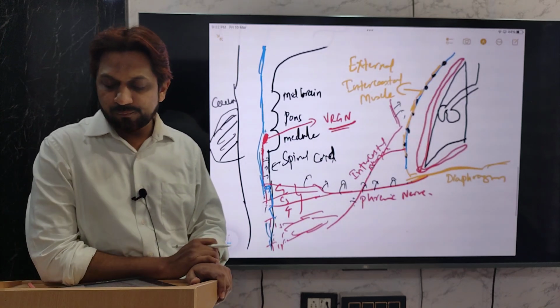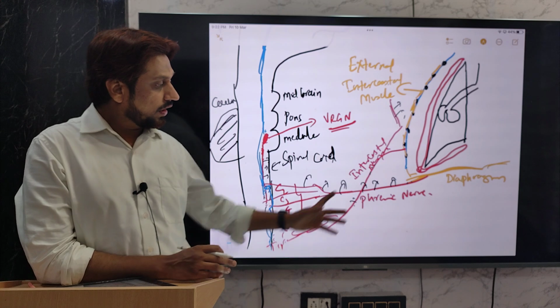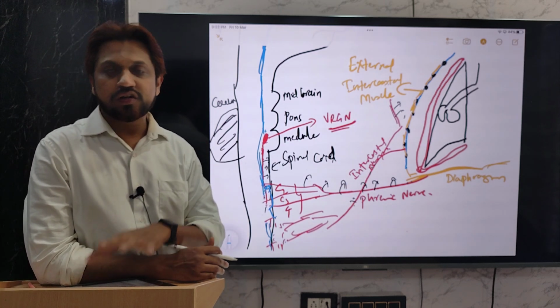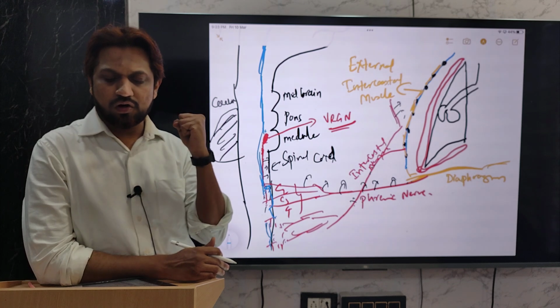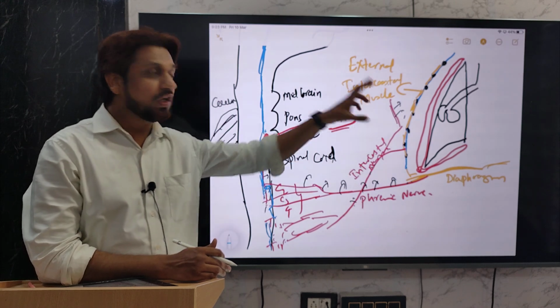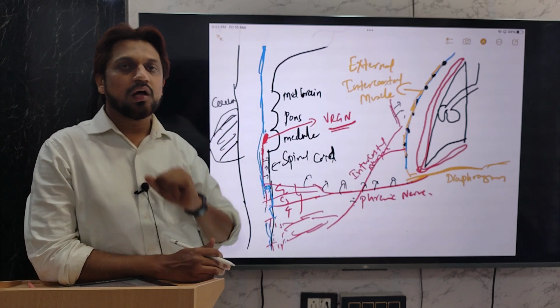nervous system. Now after knowing the nerve supply to these muscles, what exactly will happen when the action potential reaches there and the diaphragm and external intercostal muscles contract? What happens to the lung volumes first, then we'll see the lung pressures.